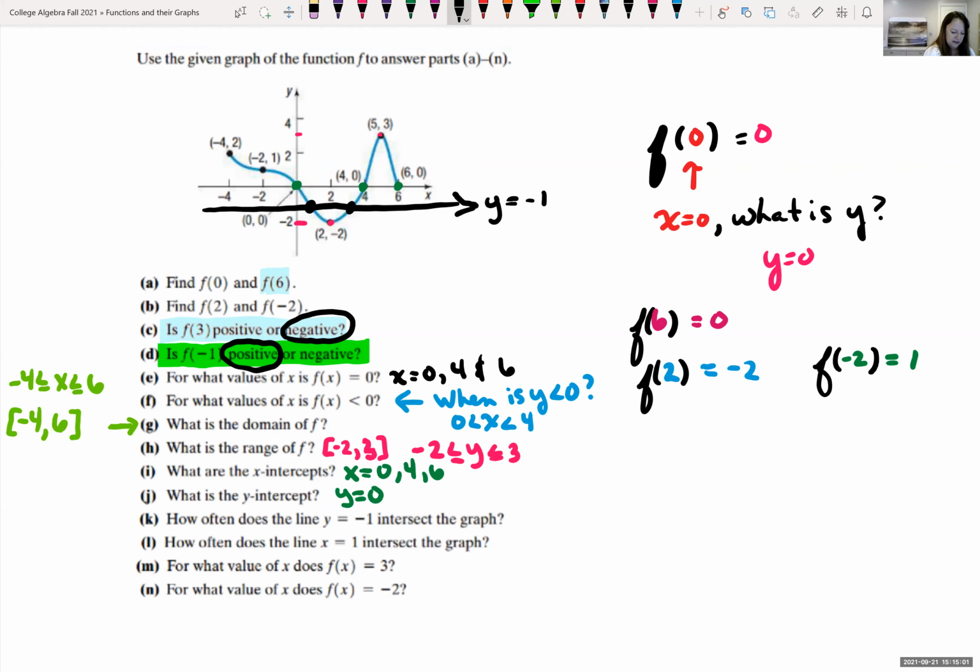So this crosses 2 times. How often does the line x equals 1 intersect the graph? Well, x equals 1 is a vertical line going through 1. So find where 1 is. x equals 1 is here. And so that vertical line intersects once.